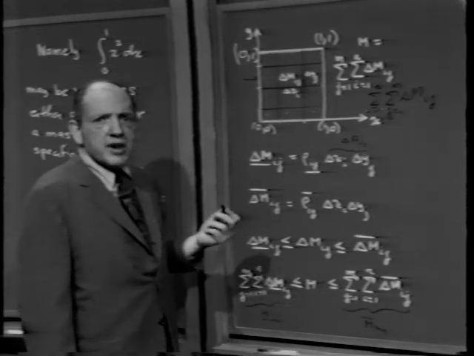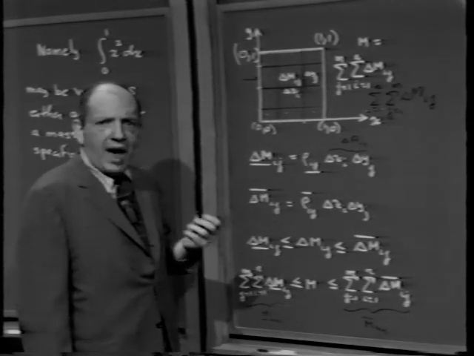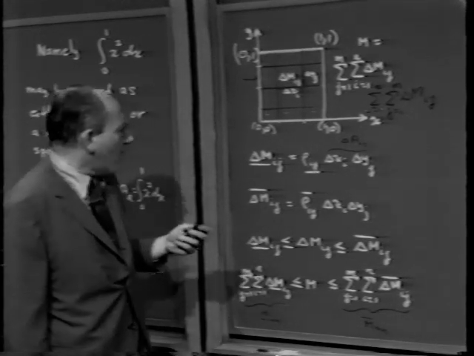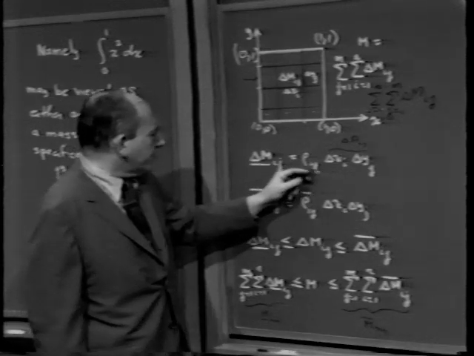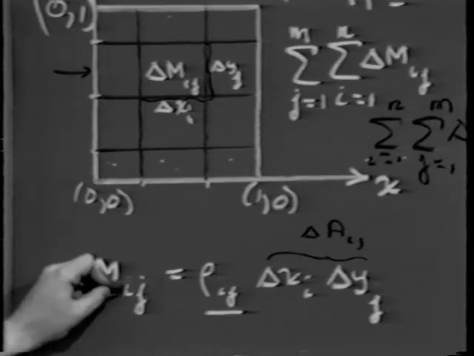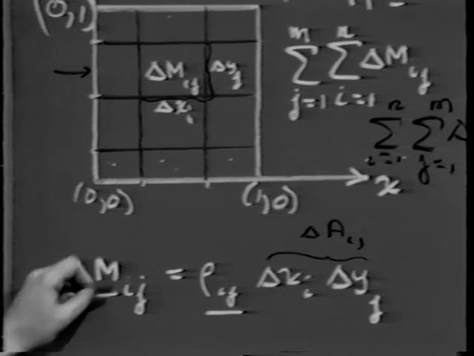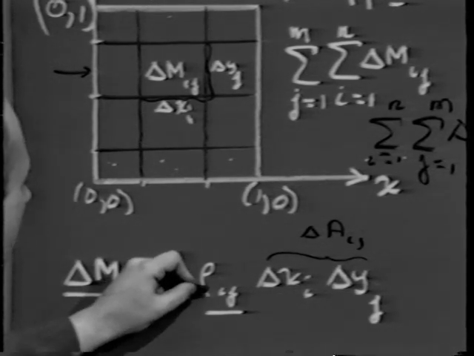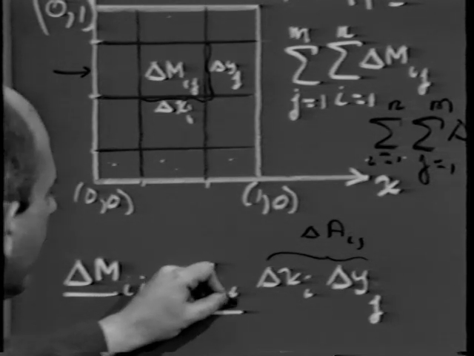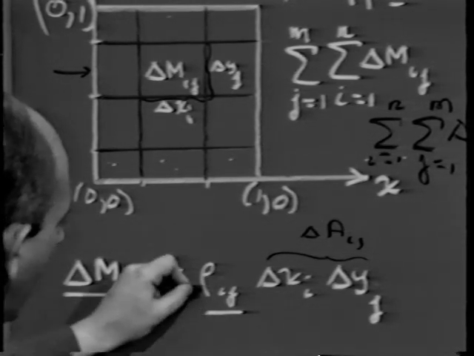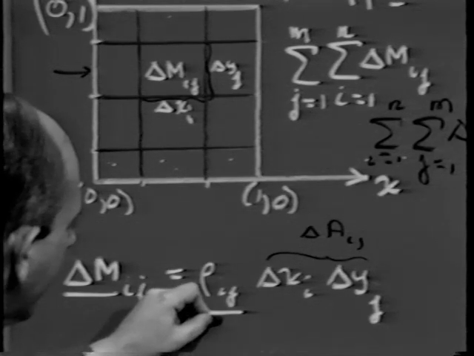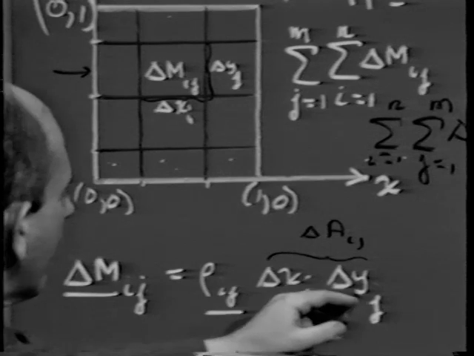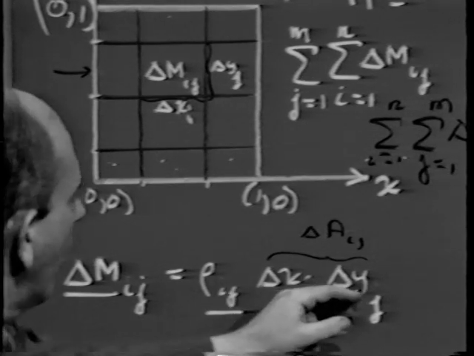And in that way, we squeeze the true mass between two extremes, again, just as we did in calculus of a single variable. And again, to keep the notation going the same way, I let delta m sub ij lower bar denote the mass of the piece that I get by replacing the density by the constant density equal to the smallest density, rho sub ij lower bar, treating that as a constant, multiplying that by the cross-sectional area, delta x_i times delta y_j.